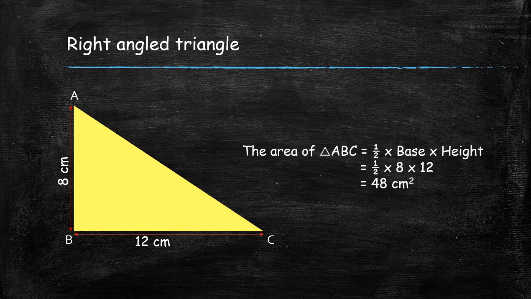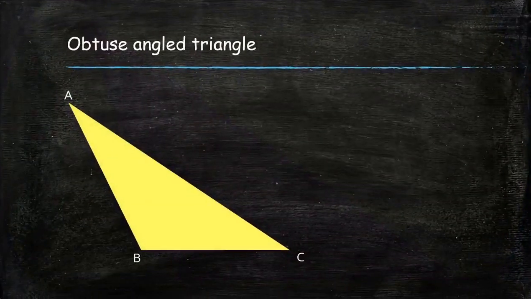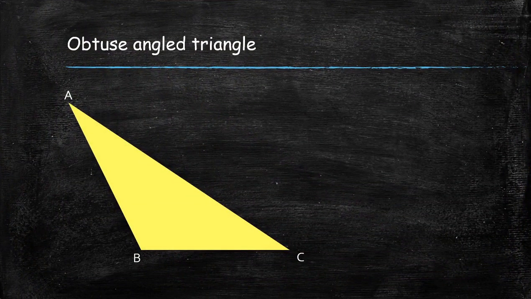Area of triangle ABC is half into base into height, half into 8 into 12 is equal to 48 centimeter square.